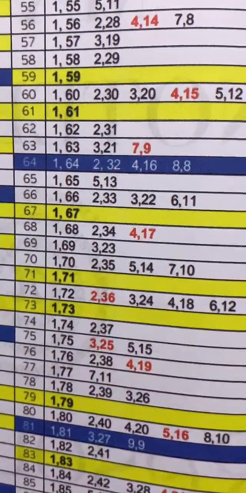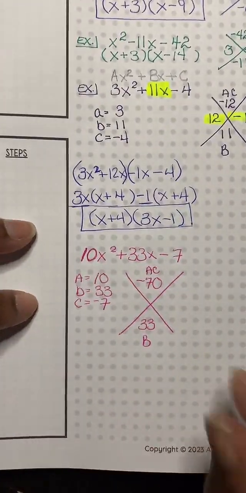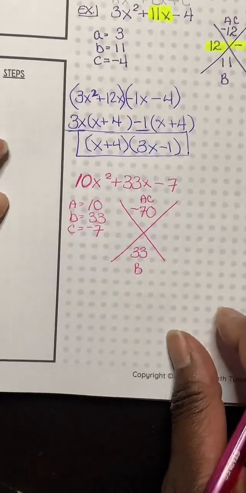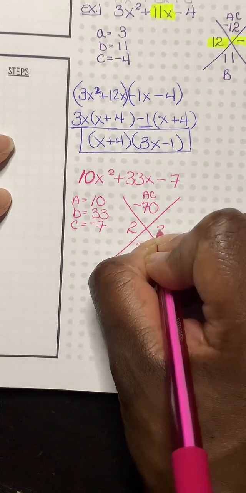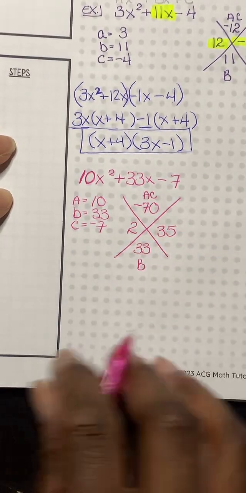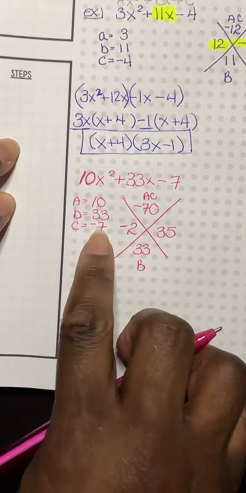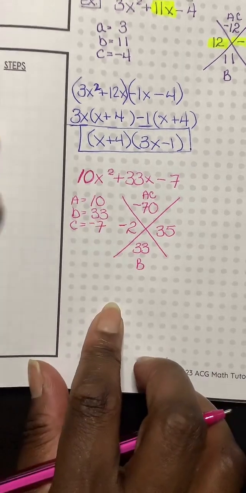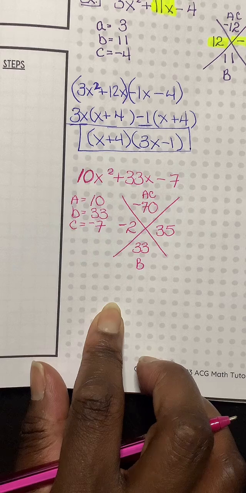So it's going to be my 2 and 35. Oh, actually, it should be the other way around. It should be negative 2 and positive 35, because my 33 is positive.